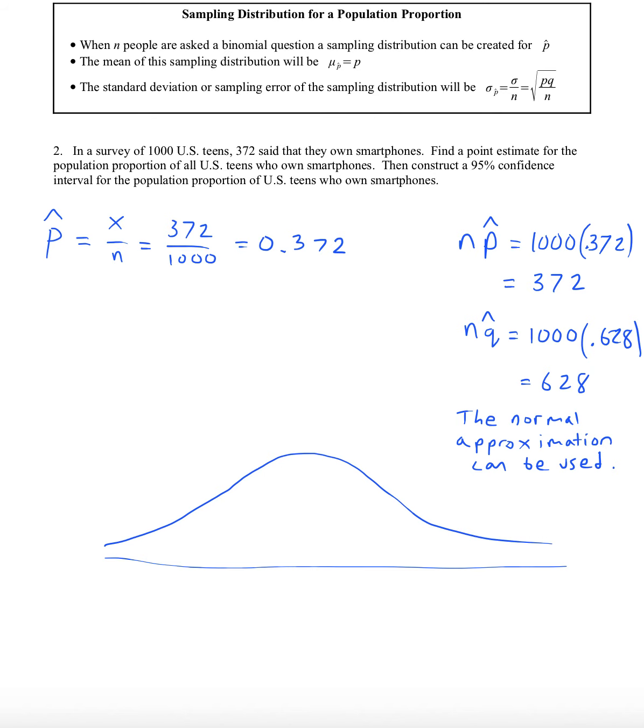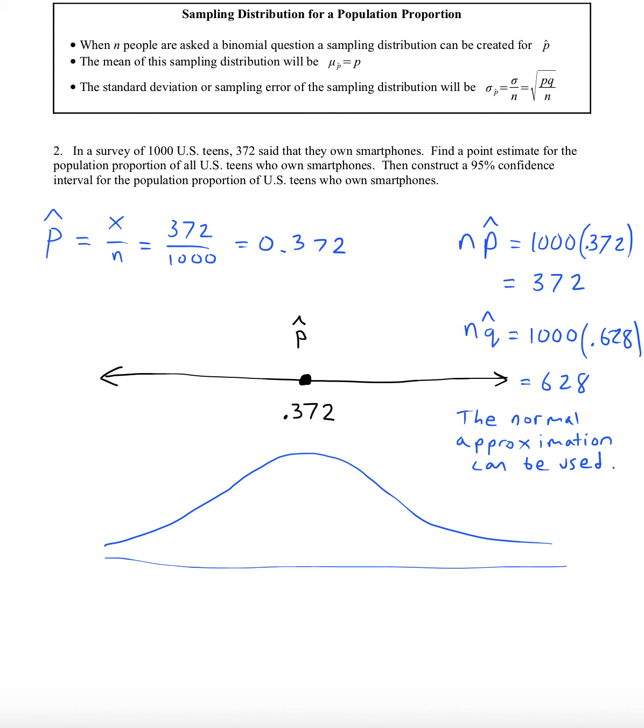Okay, with that in mind, we're going to want to draw an axis here, and we put a dot right in the middle. Now what goes in the middle? P hat goes in the middle. So 0.372.